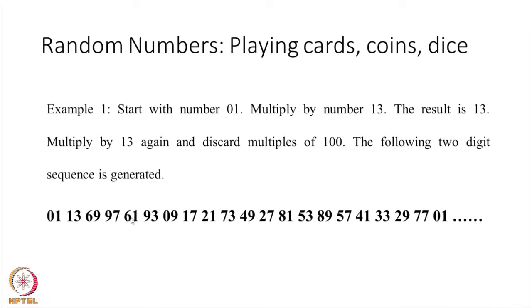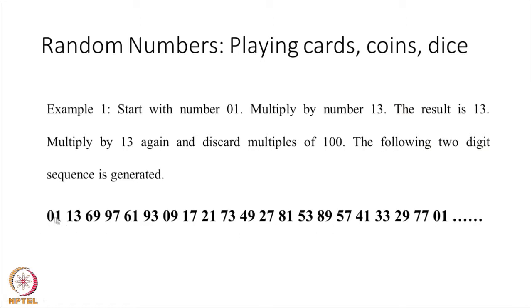Again multiply by 13, you get the last 2 digits 93, and if you keep on repeating, I start with 1, it spans through all different numbers between 1 and 100, and again after 77 I come back to 01. Once I come back to 01 and multiply by 13, I will again get 13, 69, 97 and so on. So, after this 01, the entire sequence will repeat.